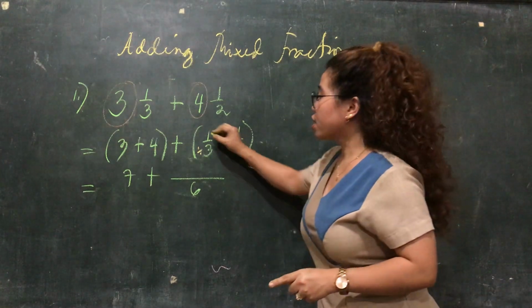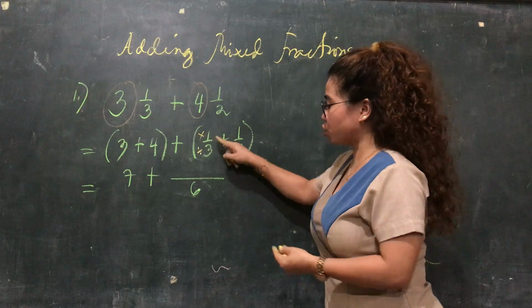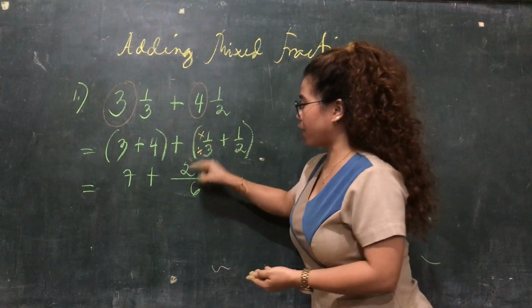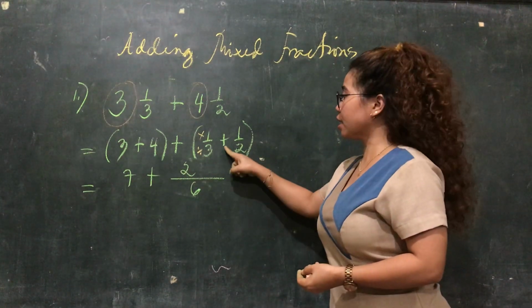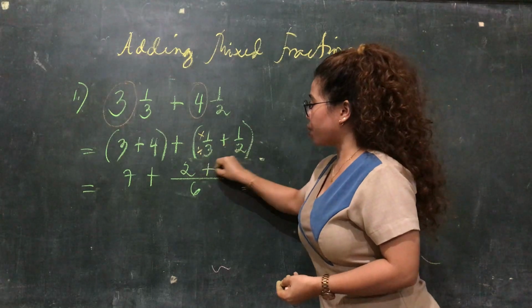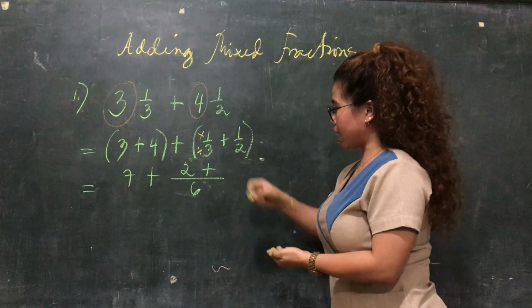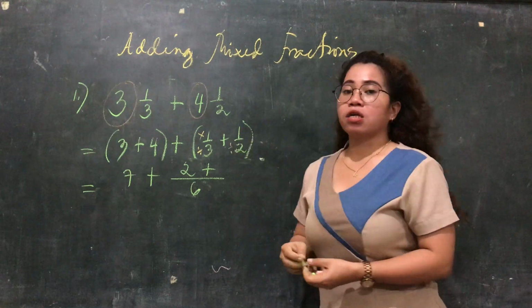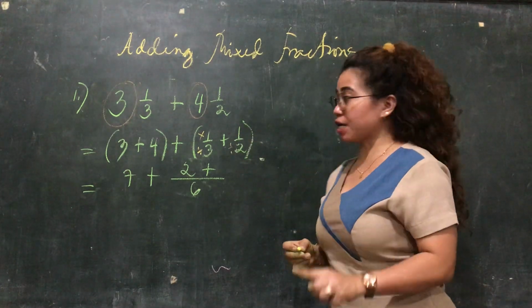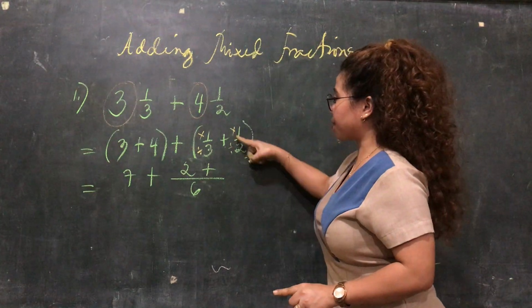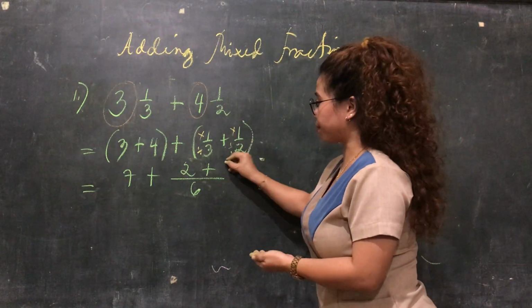6 divide by 3, the answer is 2. Ang 2, i-times sa taas. 2 times 1, you have 2. And then copy the operation in between. You have plus. Kanina pod nga fraction, ang 6 divide kang 2, ang answer is 3. Ang 3, i-times sa taas. 3 times 1, you have 3.